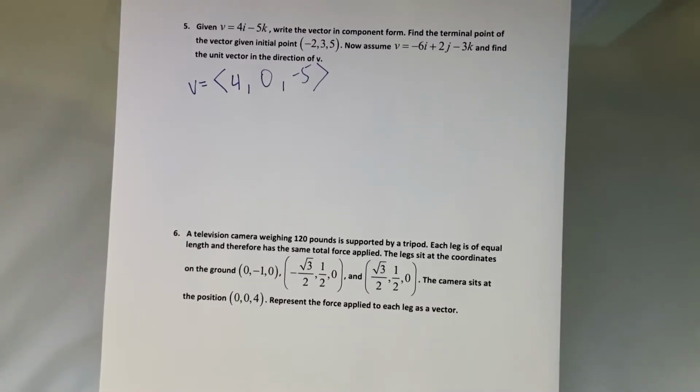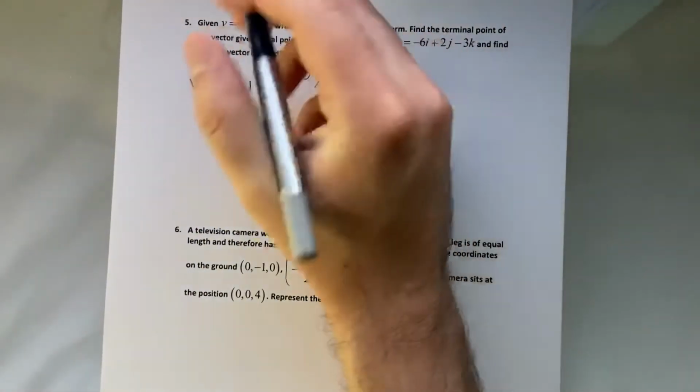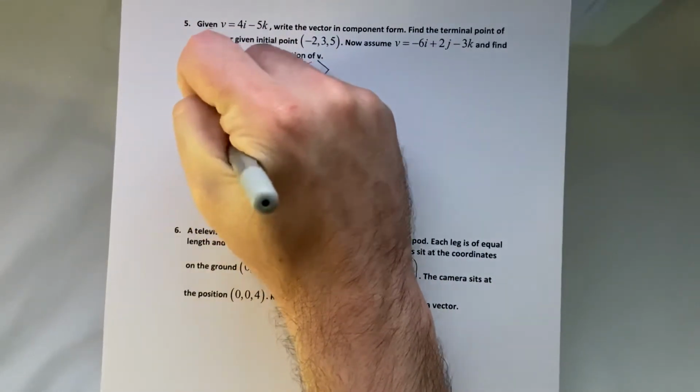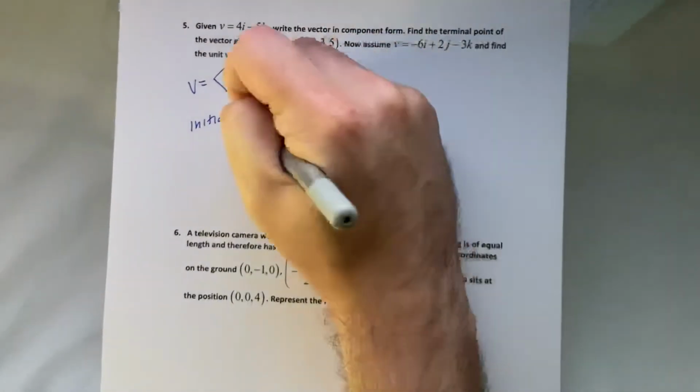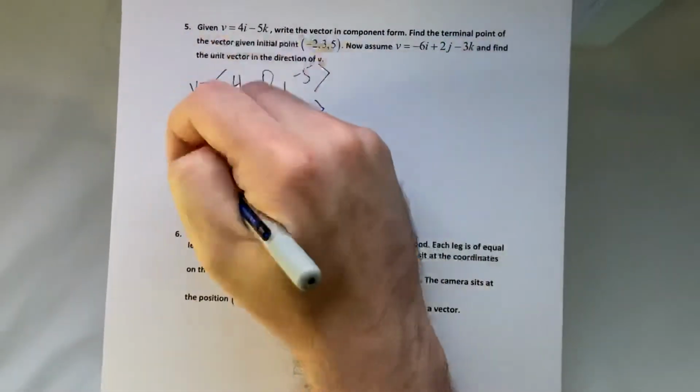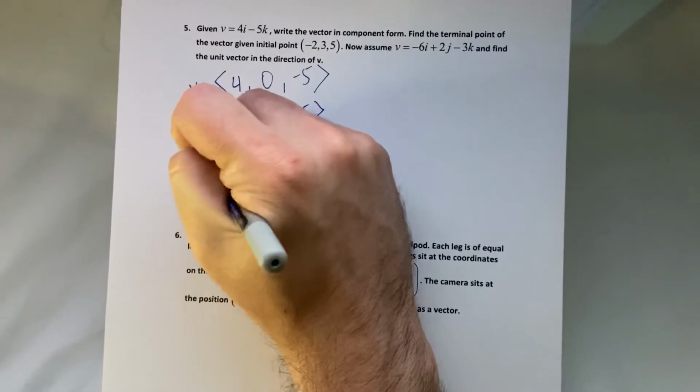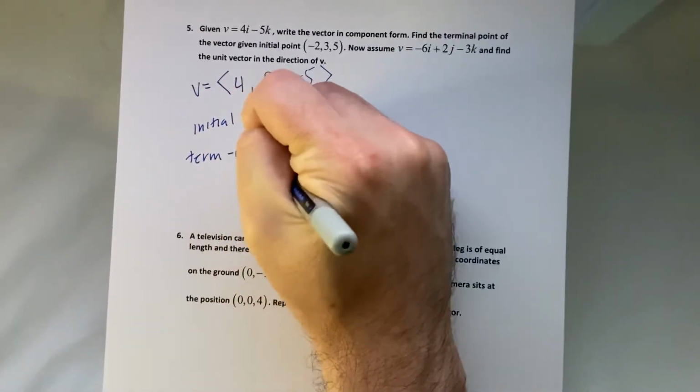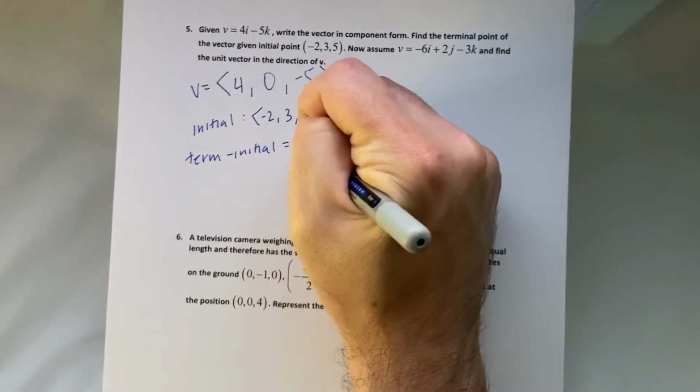Find the terminal point given the initial point. So if we have the initial point, we know that normally terminal minus initial equals your vector.